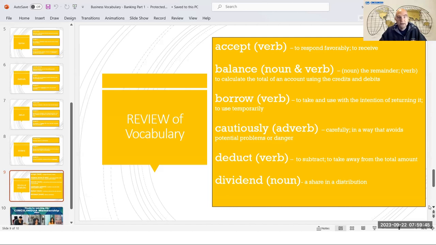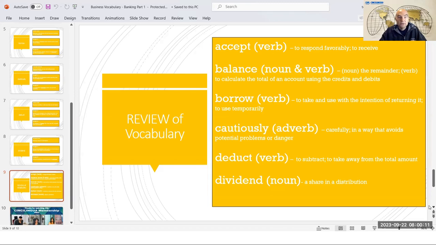It means to calculate the total of an account using credits and debits. So we look at the account and we calculate those numbers, and we look at the credits, we look at the debits, and we balance that account.